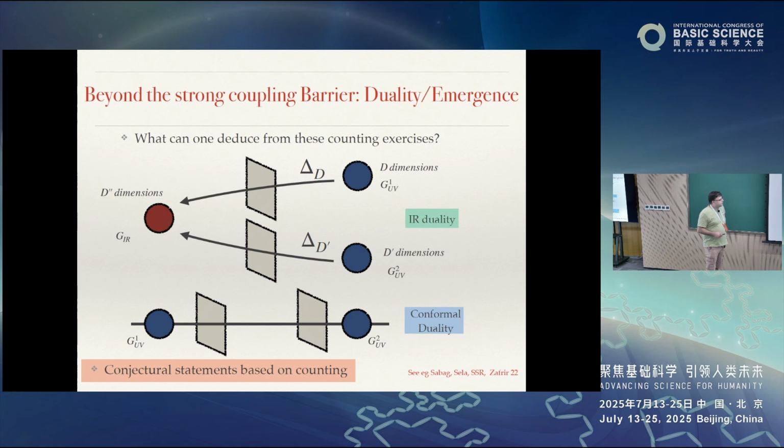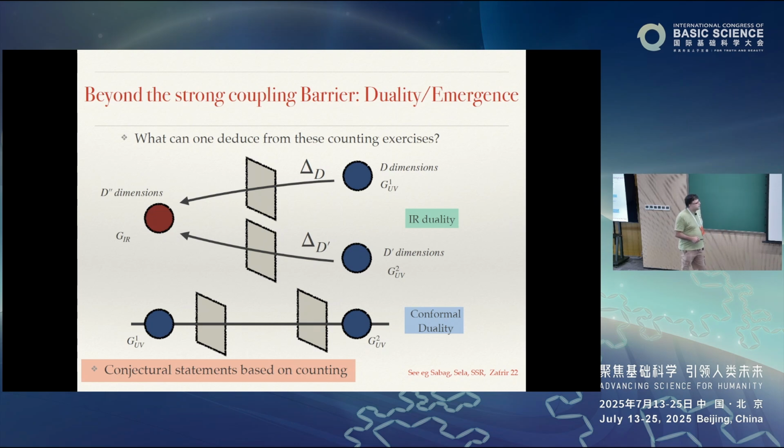So nowadays there is a lot of geometric understanding of such dualities, such RG flows, possibly across dimensions. And this combination of geometry together with these topological quantities led to a lot of progress in understanding these types of dualities.